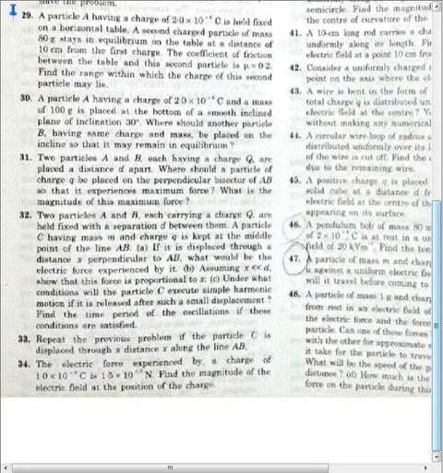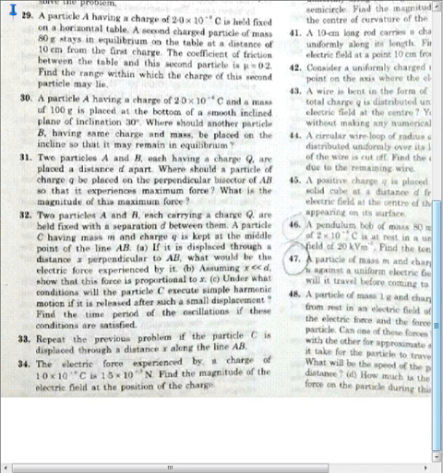Now this 29th bit, that involves friction. It's not a smooth table, it's on a smooth incline, obviously, not an incline, the upper one, that is 29th. A particle having a certain charge, that's 2 times of 10 raised to the power minus 6, that is 2 microcoulomb of charge, is held fixed on a horizontal table, not a smooth one this time, and a second charged particle of mass 80 grams stays in equilibrium on the table at a distance of 10 centimeters from the first charge.